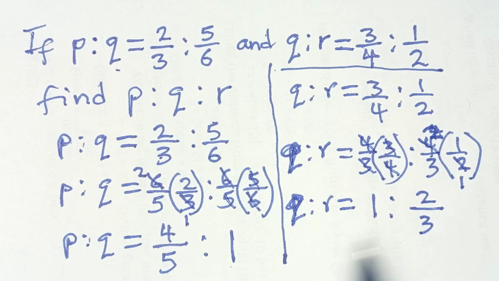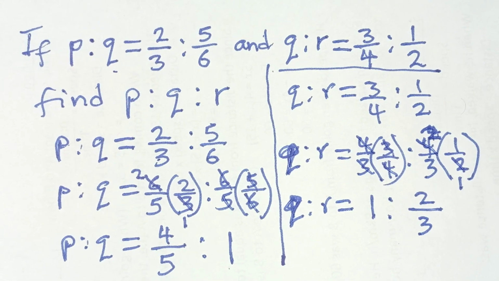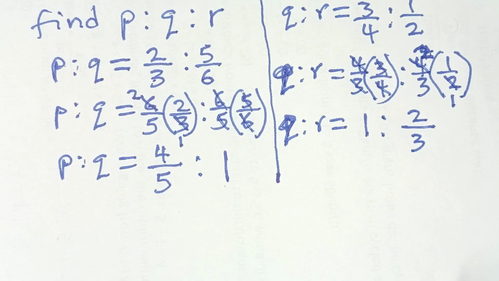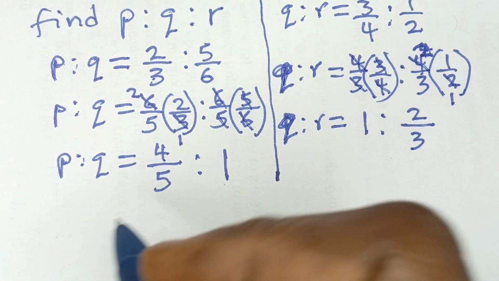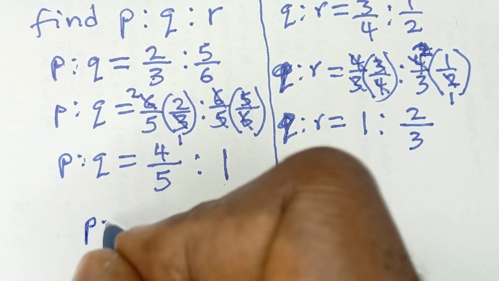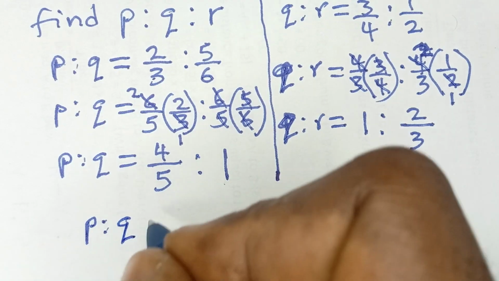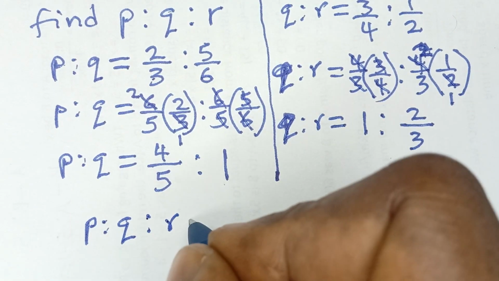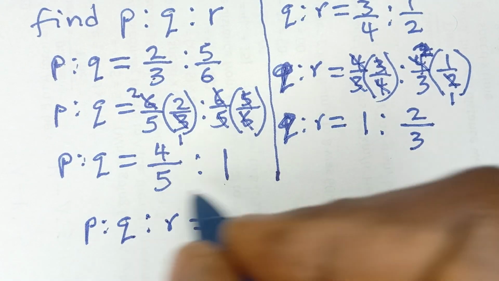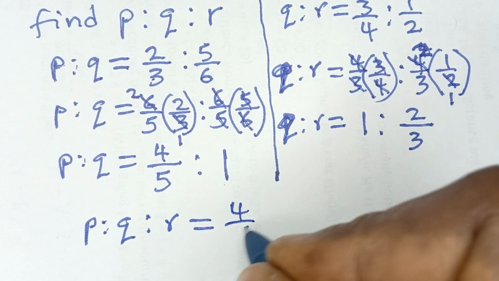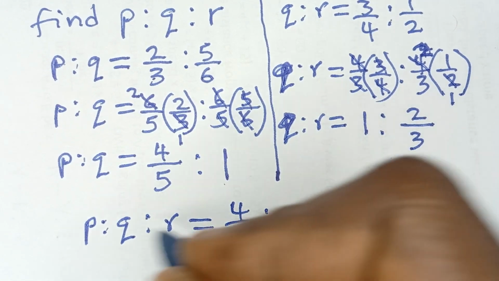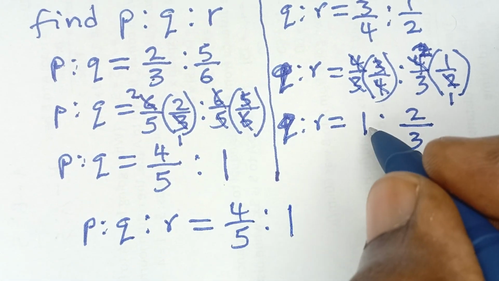So now that I have Q ratio here as 1 and the Q ratio here also as 1, I can now combine the two ratios together because the letter that is common to them is now equal in both cases. So I can now combine the full ratios together so that I can get the ratio P is to Q is to R. So I now say P ratio Q ratio R will be equal to, the P here is 4/5 ratio Q is 1 already, which is also 1 on this side.